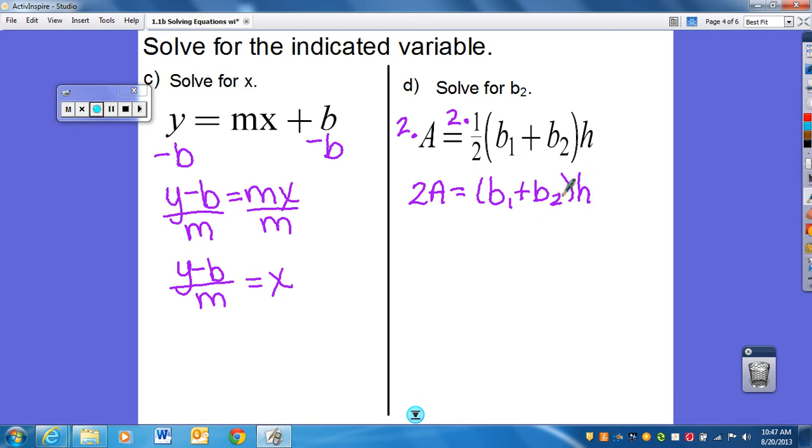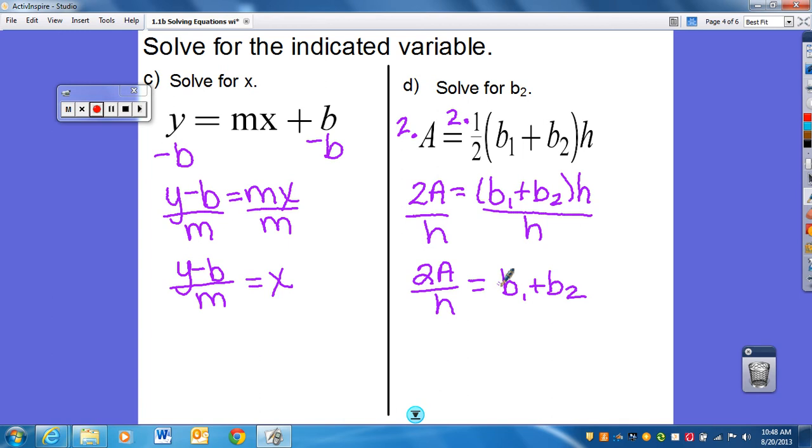Now what I would like to do is to get rid of this h. It's being multiplied times the parentheses, so what I'm going to do is divide both sides by h, which is the opposite operation. Now I have 2a over h is equal to b1 plus b2. And since that's the only thing that I have left, I'm going to take the parentheses off.